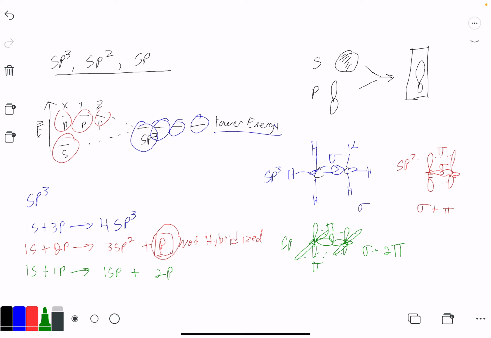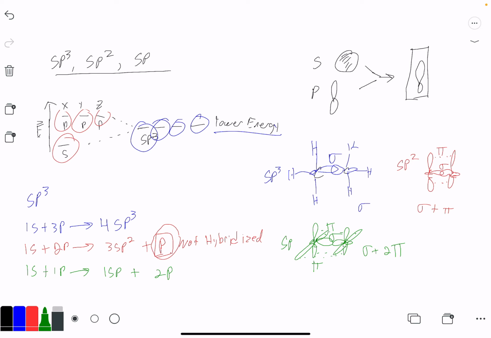One of the questions that students often have a hard time determining is, how do I know if it's sp2, sp3, or sp? Simple.